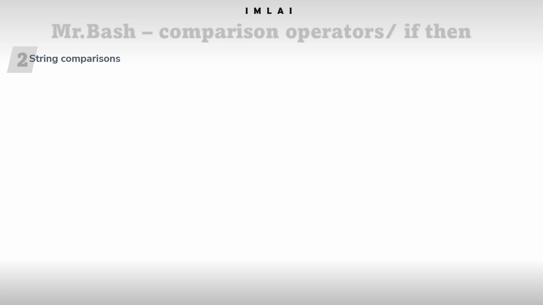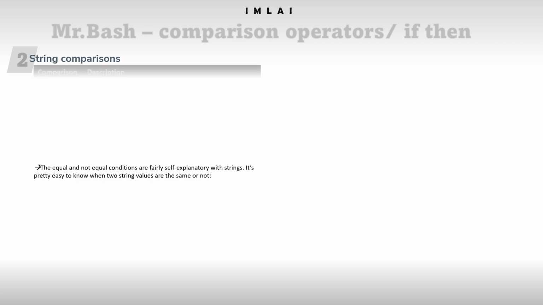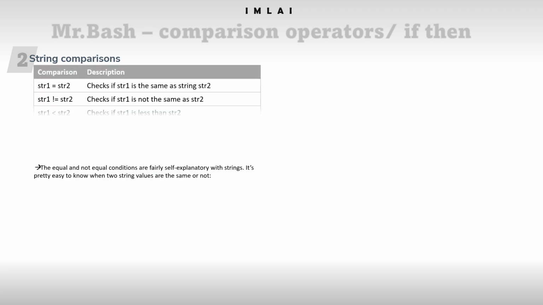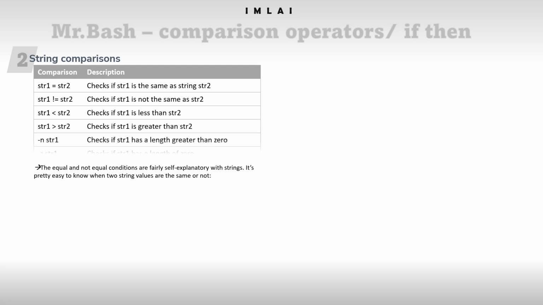First, we will start with string comparisons. In string comparisons, we have different conditions. These conditions give you the ability to check file system files within shell scripts. They are often used in scripts that access files.